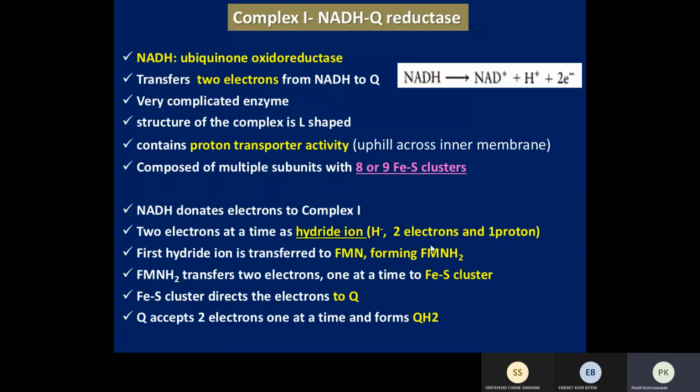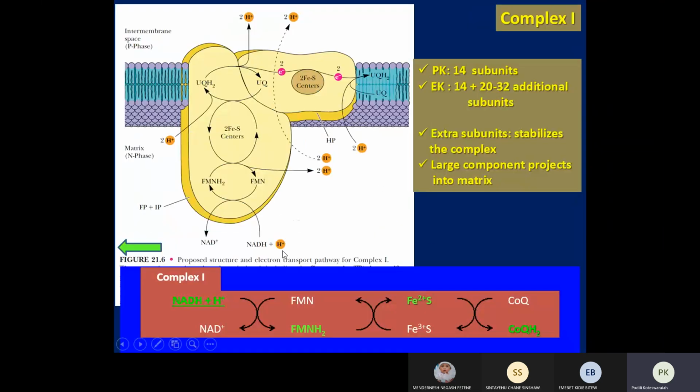The hydride ion is transferred to the FMN, and FMN becomes FMNH2. The FMNH2 further transfers electrons to the iron sulfur clusters, and these iron sulfur clusters further transfer them to the ubiquinone, and ubiquinone becomes ubiquinol.